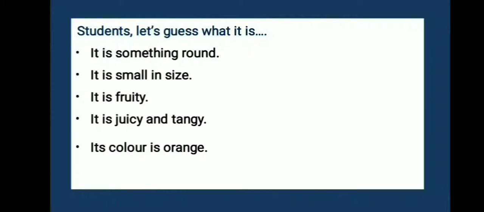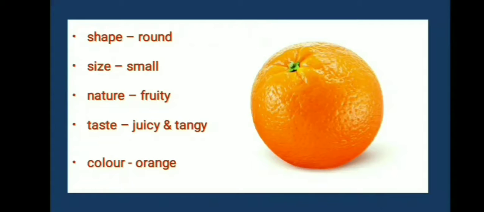Let's see how many of you guessed it correctly. The answer is an orange. Now, here are some words which describe this fruit: shape, round; size, small; nature, fruity; taste, juicy and tangy; color, orange.